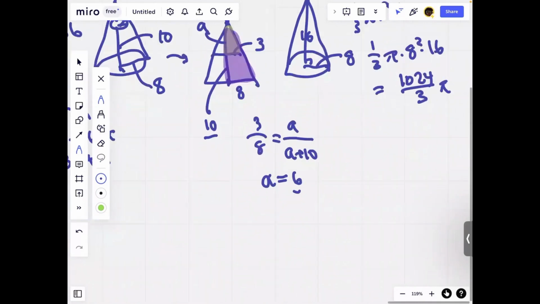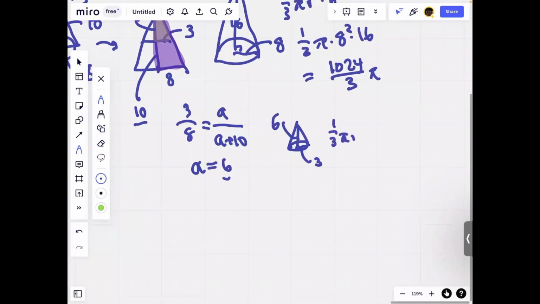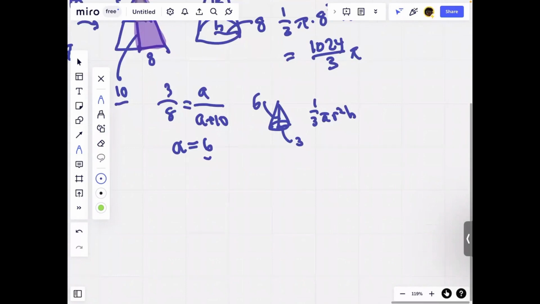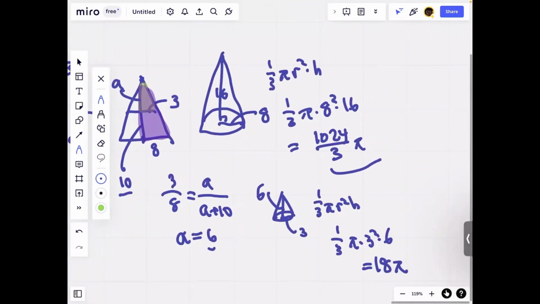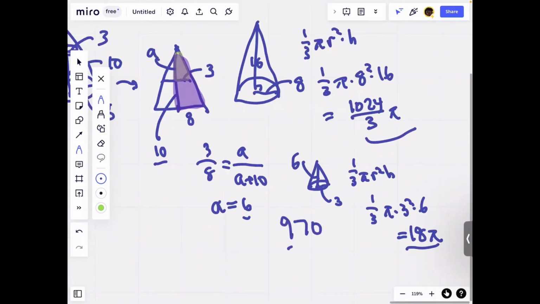The smaller cone has a radius of 3 and a height of 6, so it's 1/3 pi times 3 squared times 6, which is 18 pi. So the volume of this frustum is 1024 over 3 pi minus 18 pi, which comes out as 970 over 3 pi.